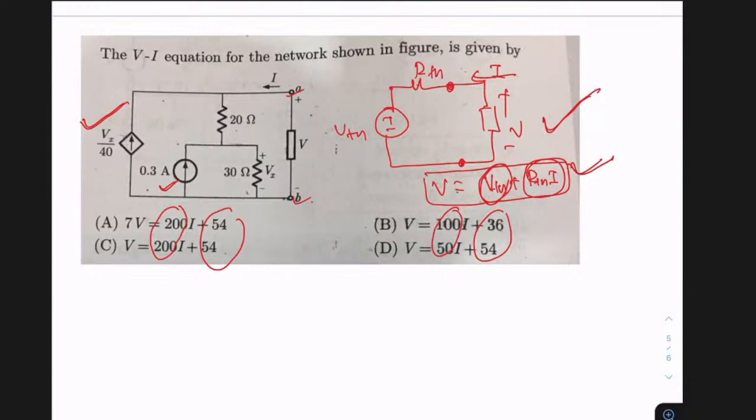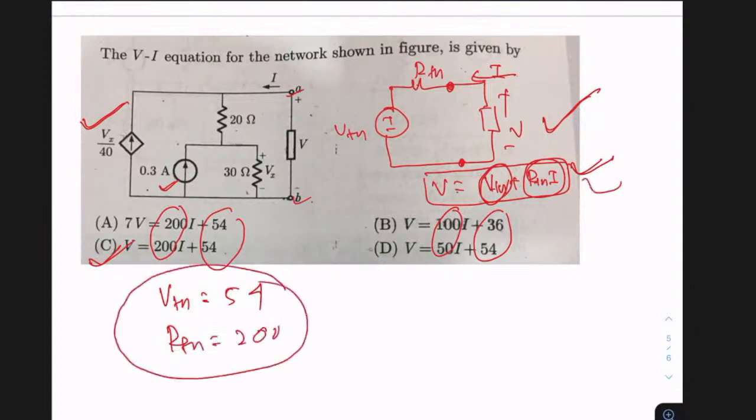Please try this. The answer you are supposed to get is option C, which is 254. That means the value of VTH is 54 and the value of RTH is 200. Please try it out, substitute in these equations, and see whether you get option C or not.